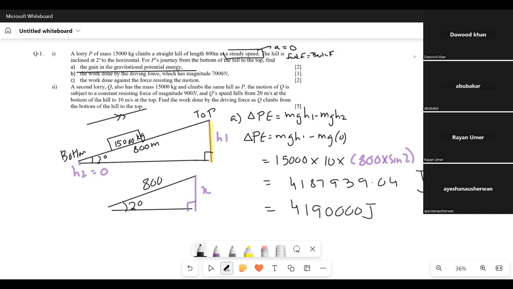This is the change in potential energy, or the gain in potential energy, as the question asked.